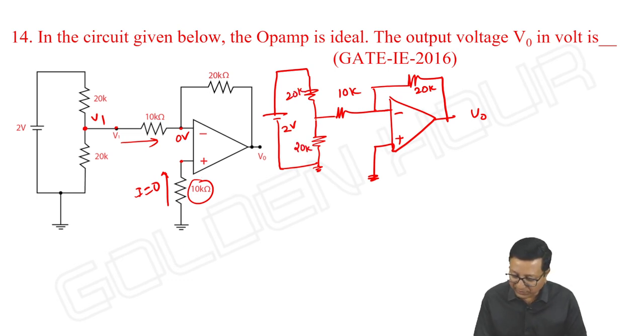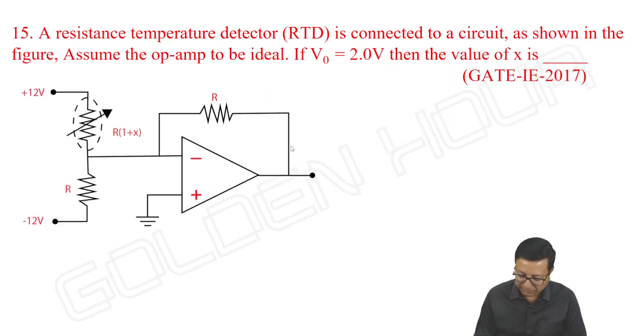First of all, once I know the voltage at this point, due to virtual short, it is 0 volts. And this voltage is mentioned as V1. Okay, so whatever the current that comes here, it is splitting into two parts. I cannot say 20K and 20K are in series, right? It's not like entire current is going like this, which is absolutely wrong. For that, I am taking the node equation. Okay, if I take KCL at, let me take this as node A.